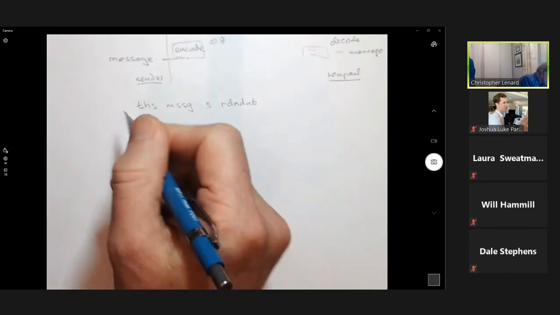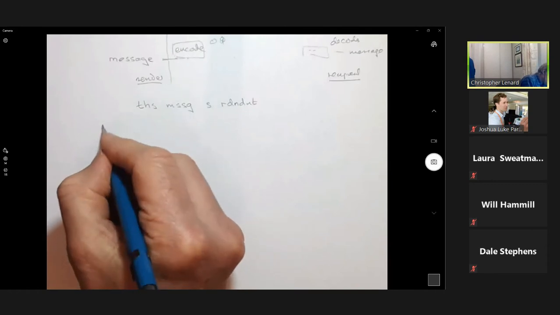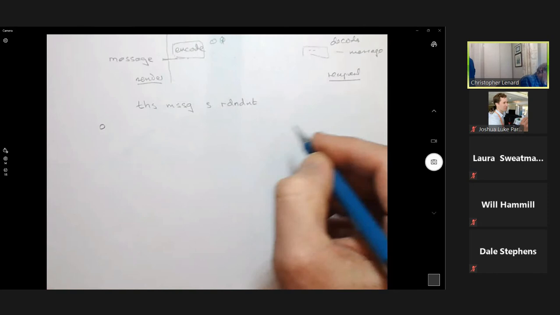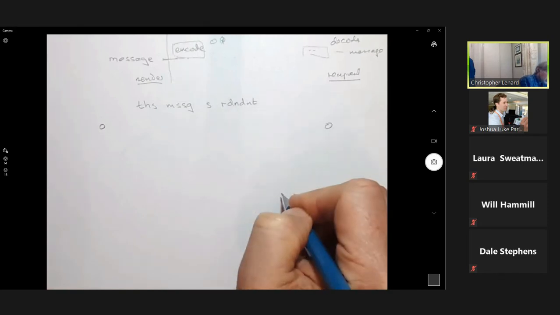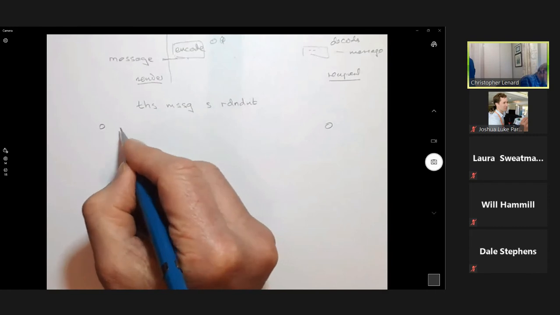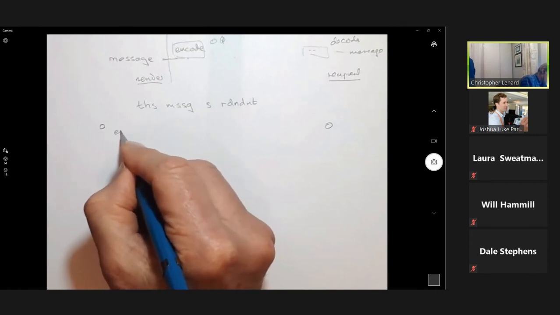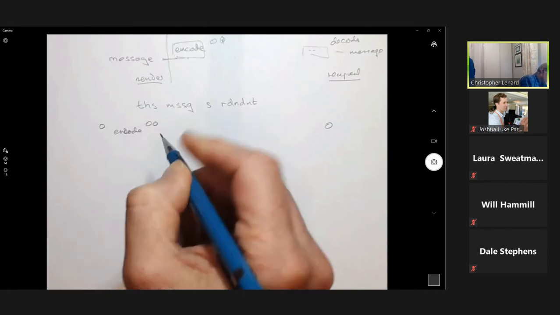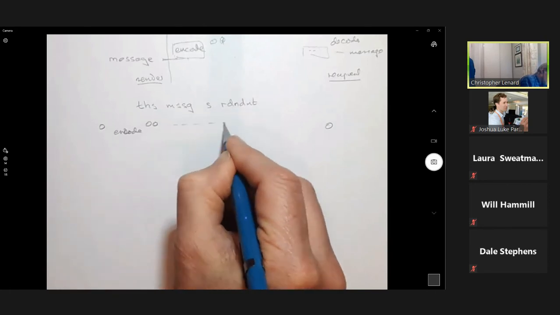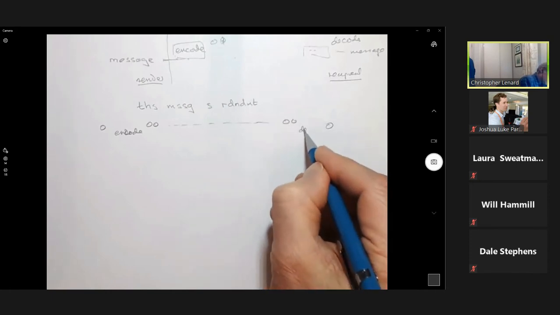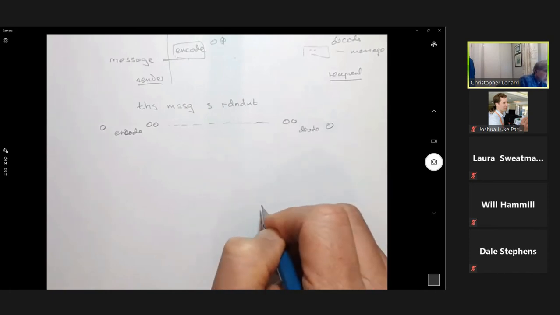One way we can do this, as I talked about before: suppose the message is 0, and I want to make sure that 0 gets to the other end. One really simple thing is that instead of sending 0, I encode it to 0, 0, and then transmit that. The person at the other end receives 0, 0, and they decode it to 0.